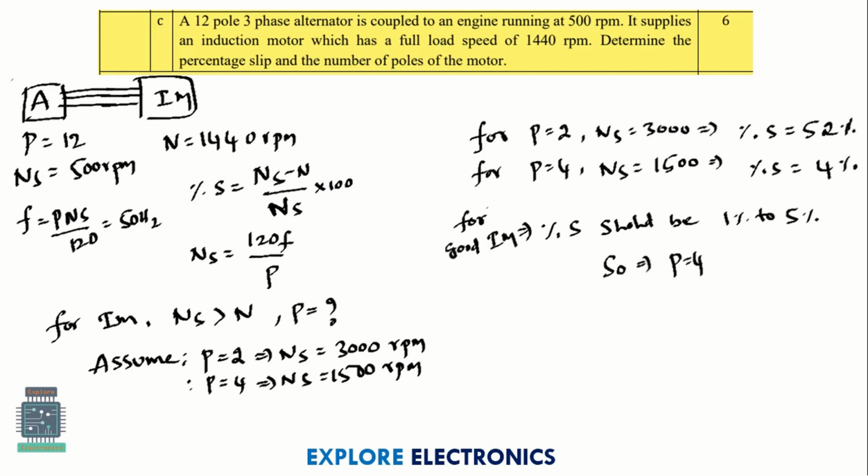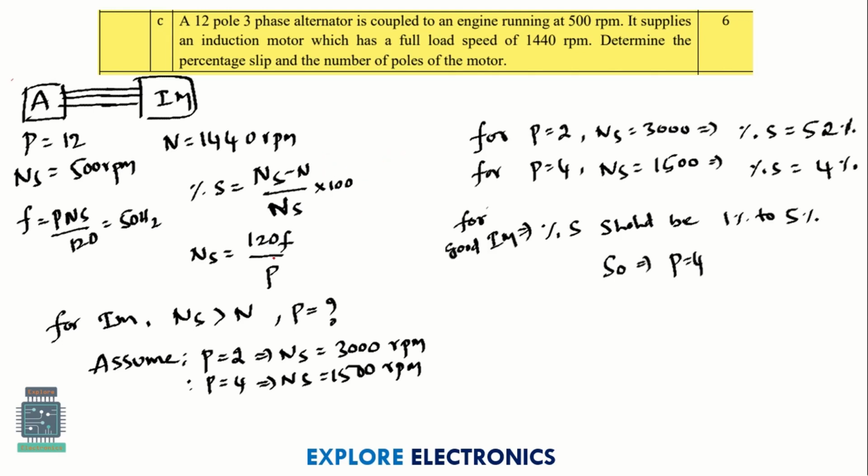Then again here there is a problem. A 12 pole 3 phase alternator is coupled to an engine running at 500 rpm. It supplies an induction motor which has full load speed of 1440 rpm. Determine the percentage slip and number of poles of the motor.